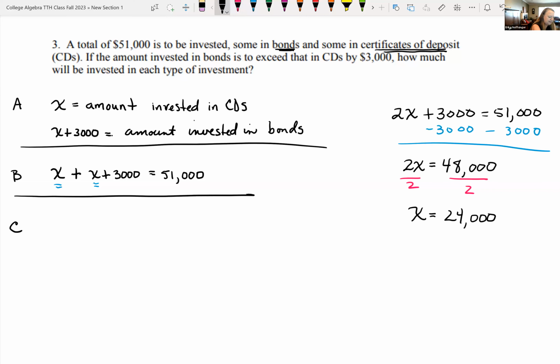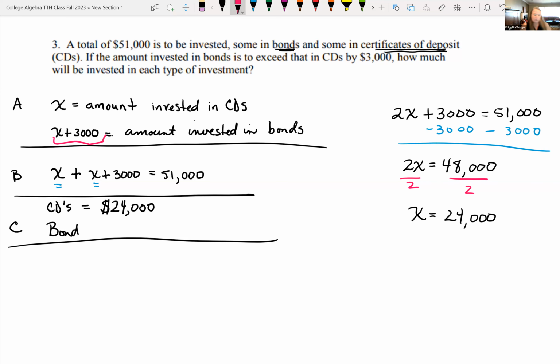So part C, it wanted to know how much we're investing in each type. For our CDs, this is equal to X, and X was 24,000, but we're talking about dollars, so let's put the dollar sign, $24,000. For bonds, it's X plus 3,000.